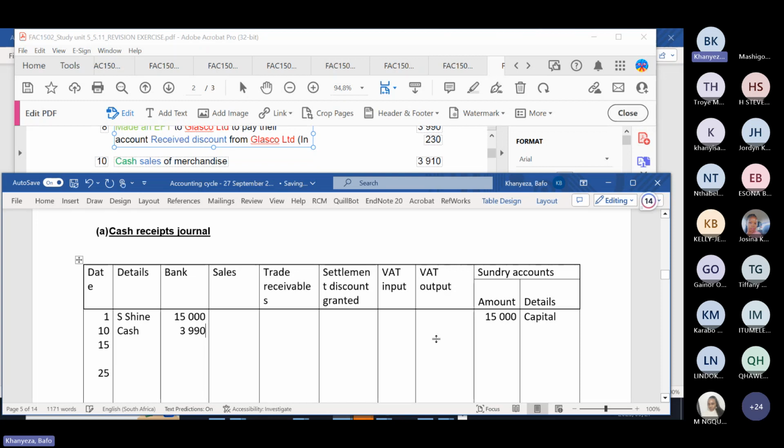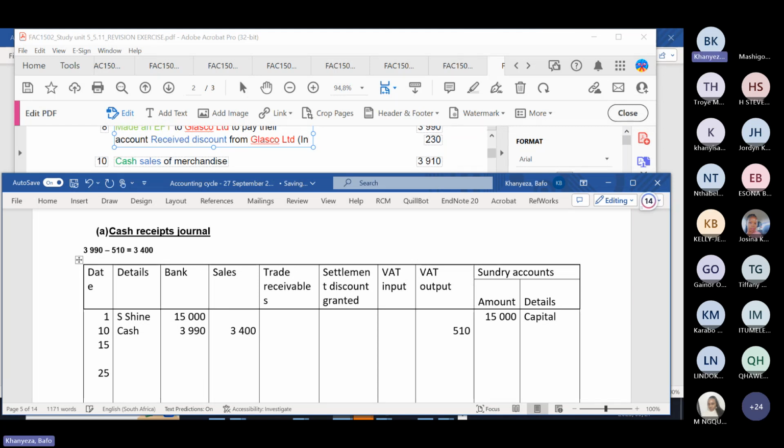How much was the output VAT that they charged? It's 510. I've shown calculations, so I won't be showing more, because otherwise you keep repeating the same thing. So we're going to say 3,990 minus 510, which is VAT, so the sales are 3,400.